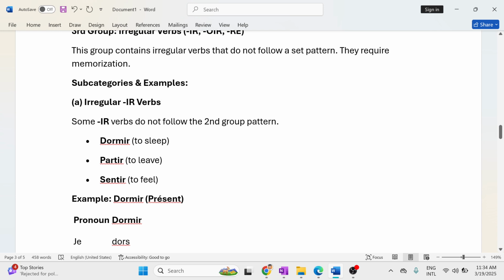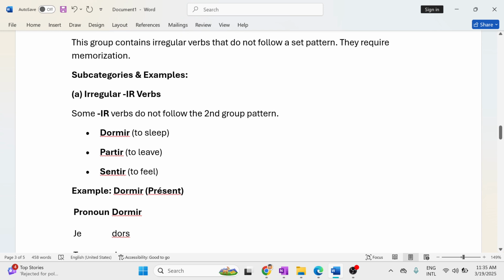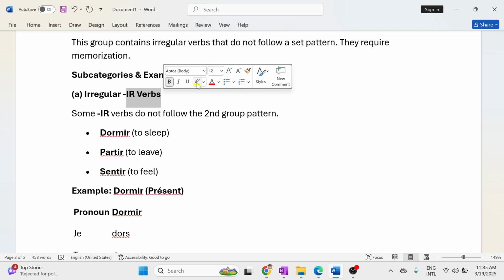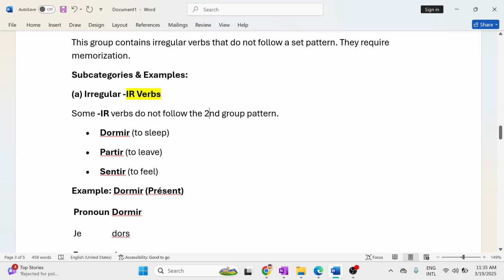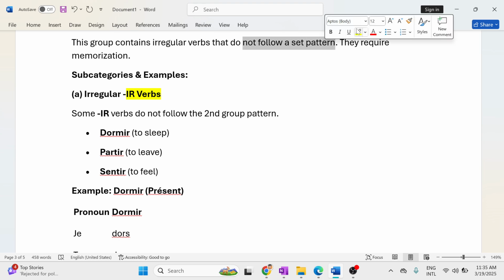Subcategorization examples. So in irregular verbs we have the first category, which is IR verbs not falling in the second group, basically removed from the second group just because they are not following a set pattern for the conjugation. If they had followed that specific conjugation pattern for the second group, we would not have removed them.